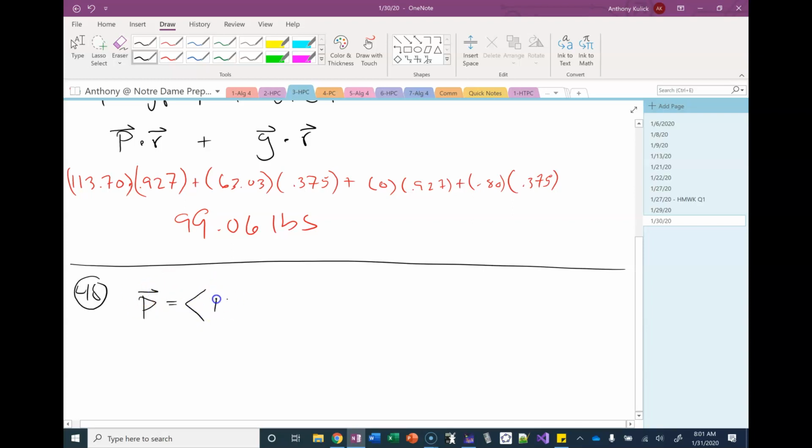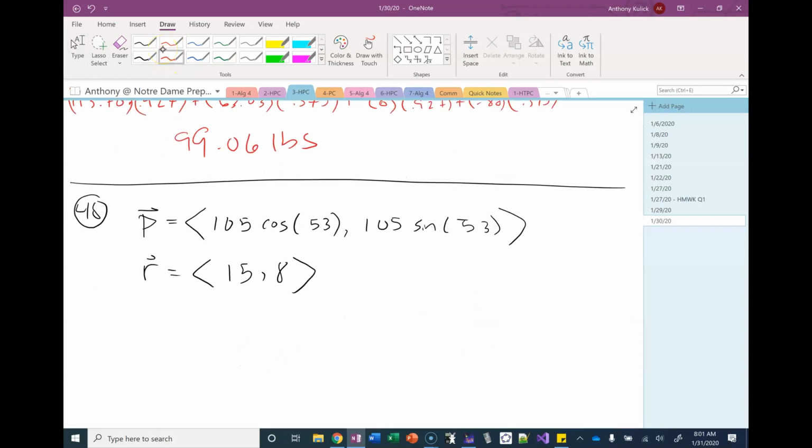So my pull vector is going to be 105 cosine 53, 105 sine 53. And then it says the ramp is 15 feet long and 8 feet high. So I'm going to use that to define my ramp vector.